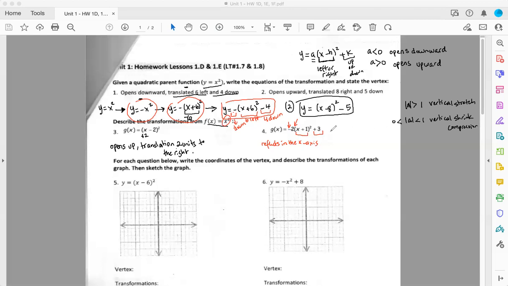So here, this A, the number in front of the parenthesis is 2, and it's greater than 1. 2 is greater than 1, which means we're going to have a vertical stretch by a factor of 2. Please make sure you write it correctly. And then the third item is here, the x plus 1 squared, in parentheses, quantity squared.